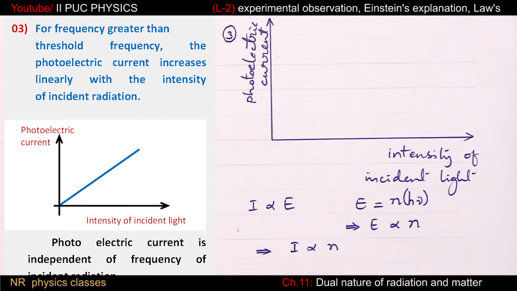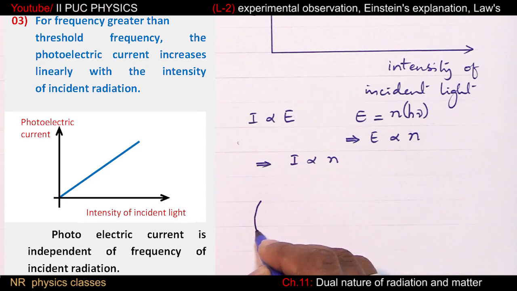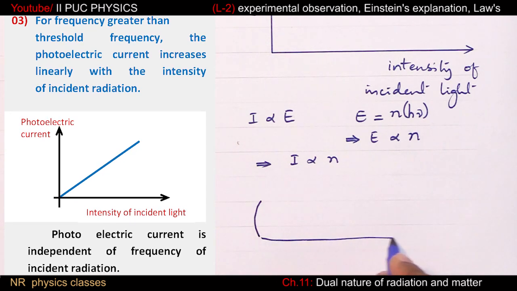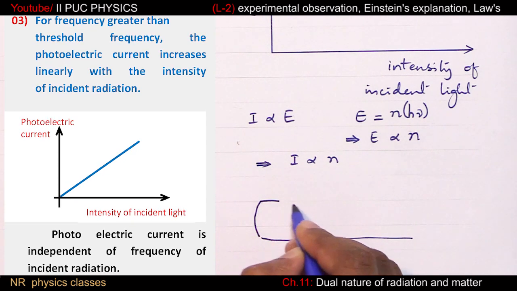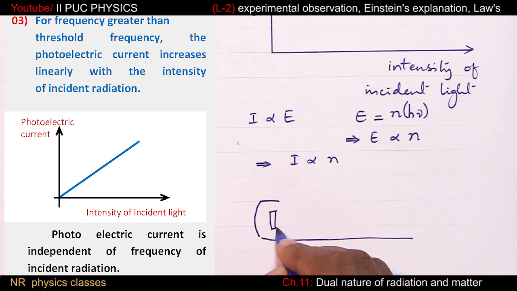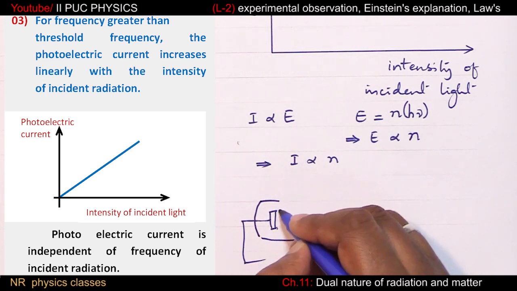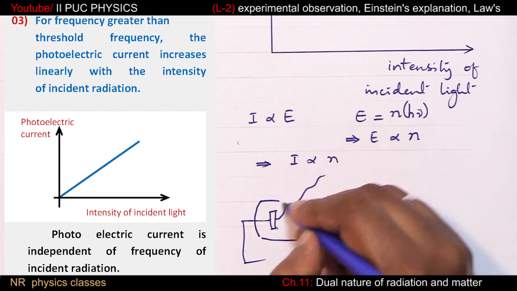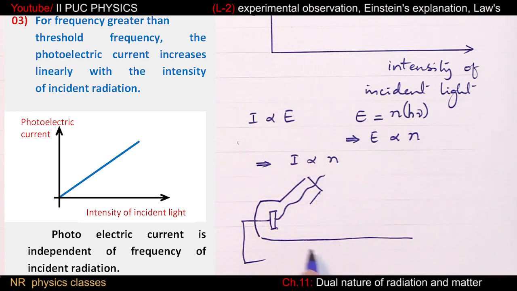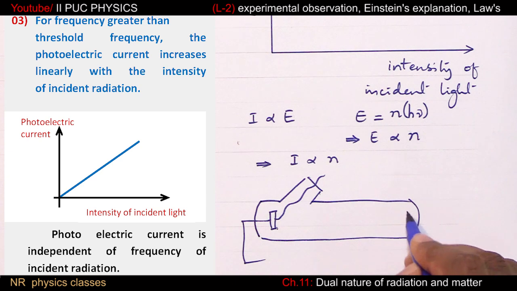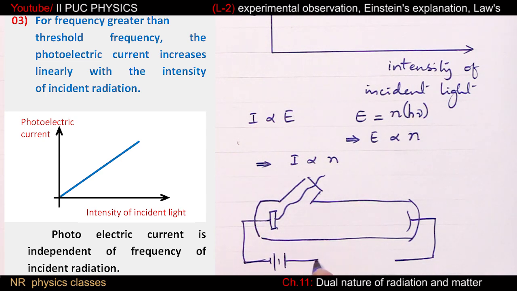Now understand, if this is the photoelectric effect experimental arrangement, cathode, and this is for the radiation, side tube, like this, right? Here is a battery, microammeter, variable source.